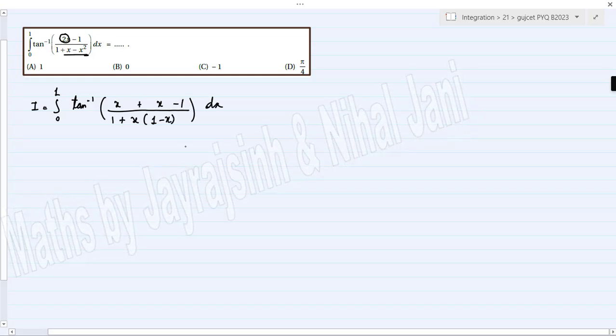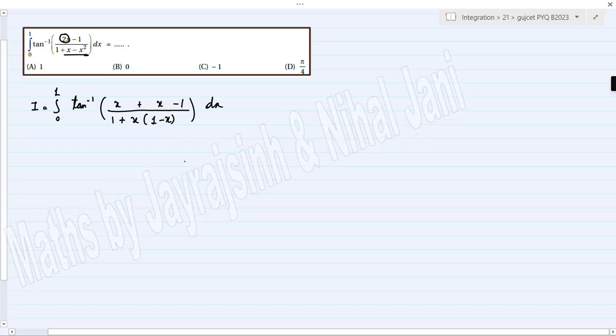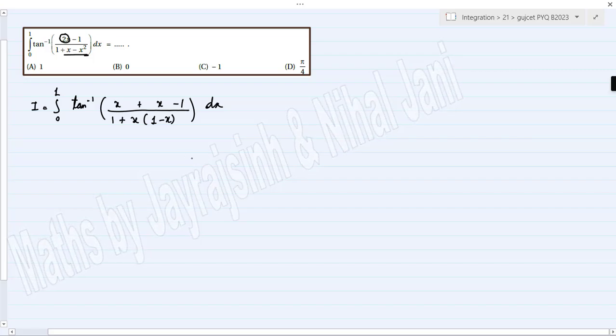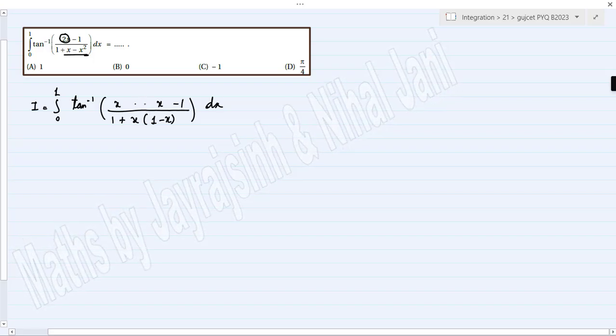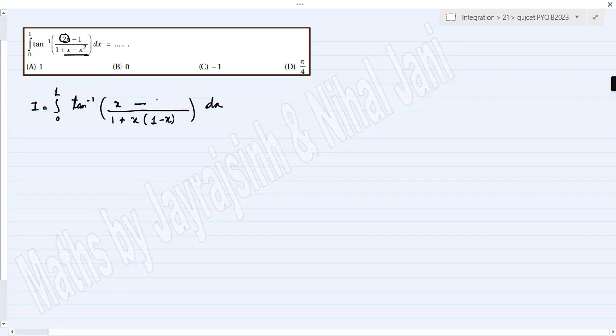So check: it has been converted into tan inverse of (alpha plus beta) upon (1 plus alpha beta). We have to take minus common as well. Yes, exactly, there is a problem inside the numerator. See, we have to take minus common, so this will become 1 minus x.